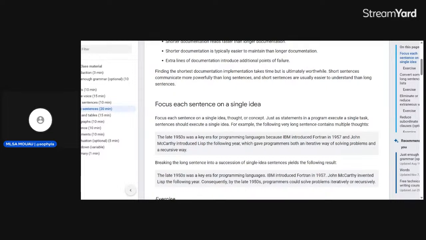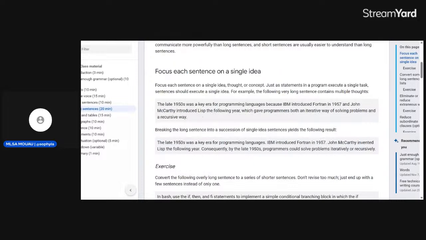Now you are diverting the focus and the attention of your reader. Instead, each sentence should solely focus on a particular idea or a particular piece of information that you're trying to pass through.